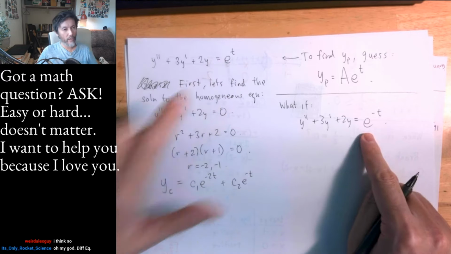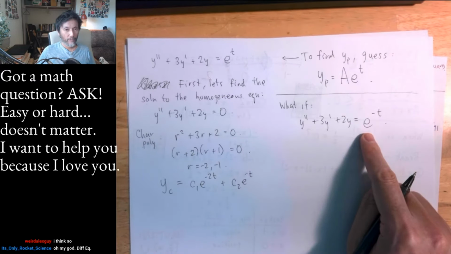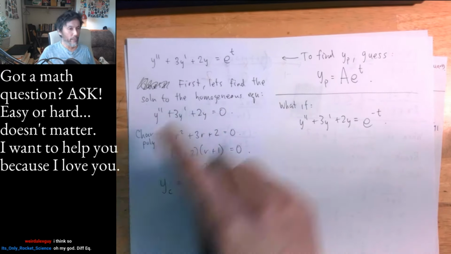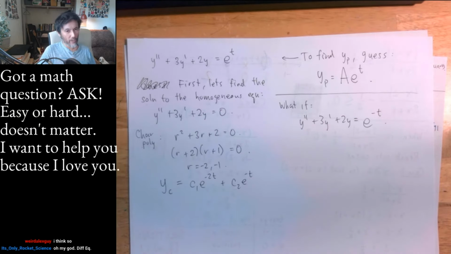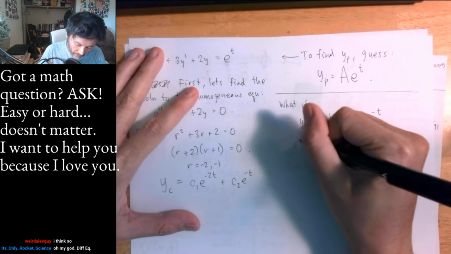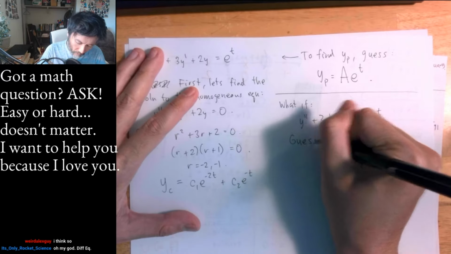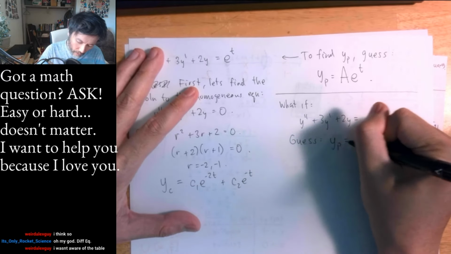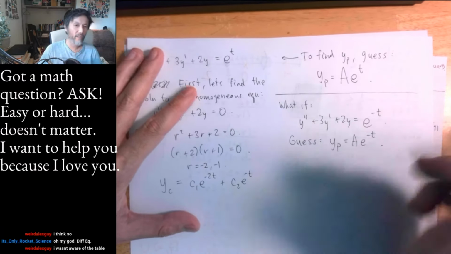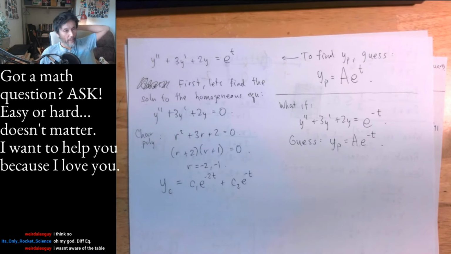What if this was the equation in front of us? Then if we were to use the method of undetermined coefficients naively, we might guess that the solution looks like y sub p equals A e to the negative t, right? We might guess that.